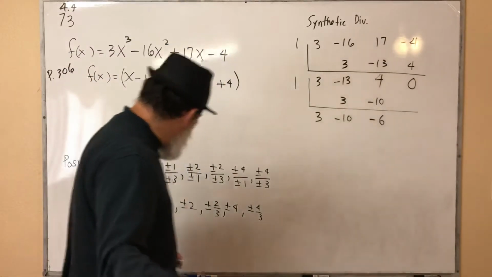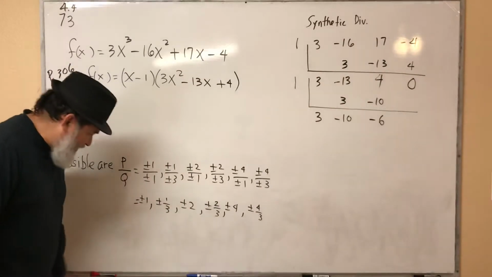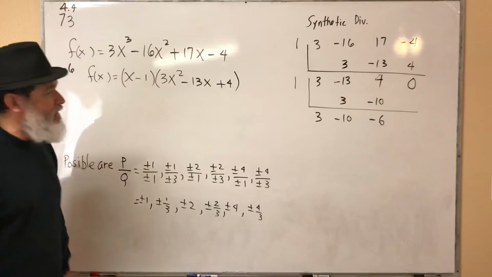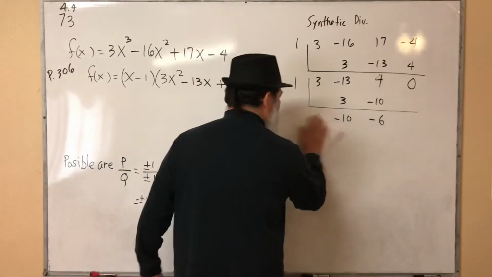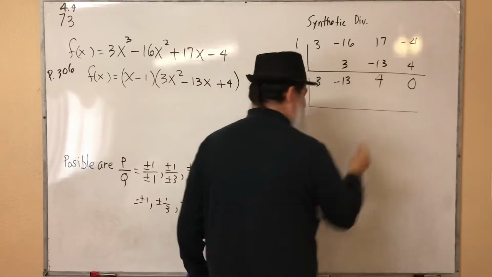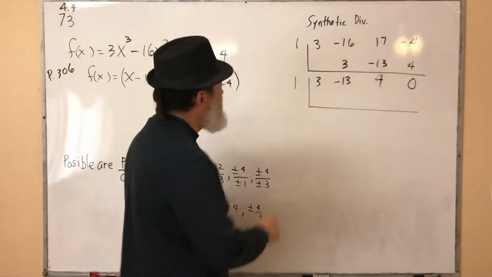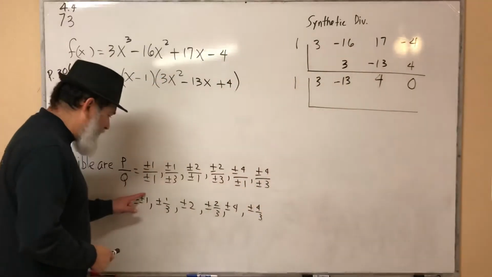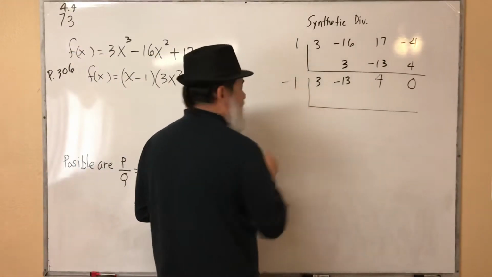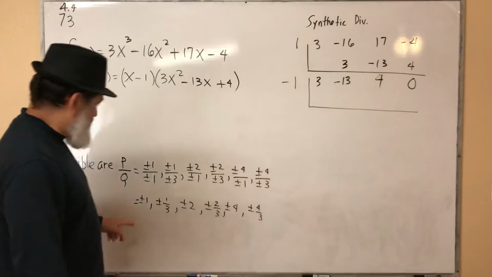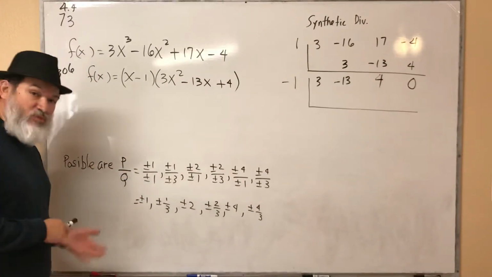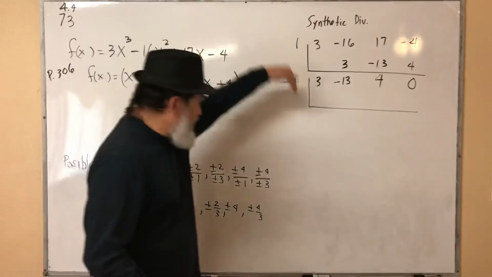Let's try another value on the list. How about -1? Try -1, because we have 1 and -1. Let's see if -1 is a zero. Bring down.